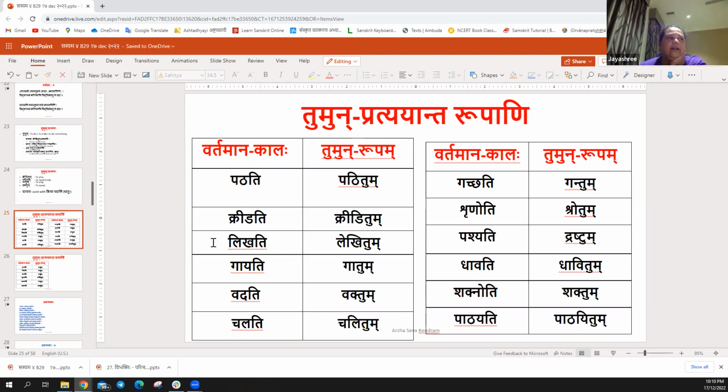Can we do a sentence with lekhitum? Any ideas? How do I form a sentence to say Karthik is going to write the exam tomorrow with lekhitum?